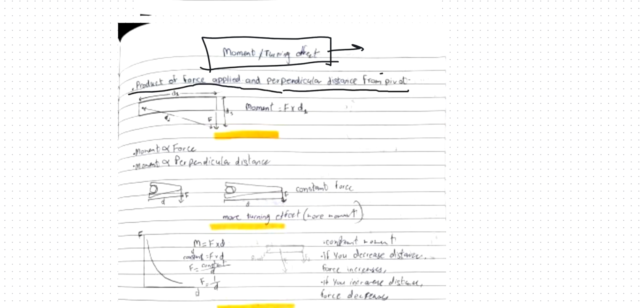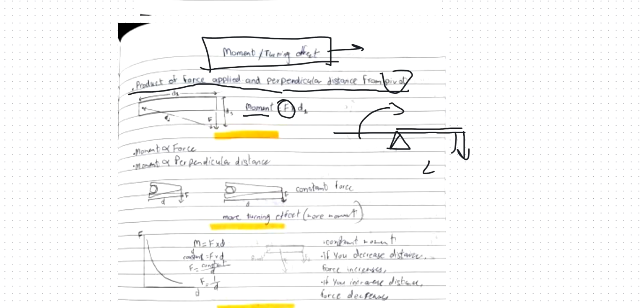So if I had a bar and there was a pivot right here, then there would be a force, and if it moves clockwise, then there would be a moment. The formula for moment is force times distance, and the distance is from the pivot to the force that is acting on the bar.